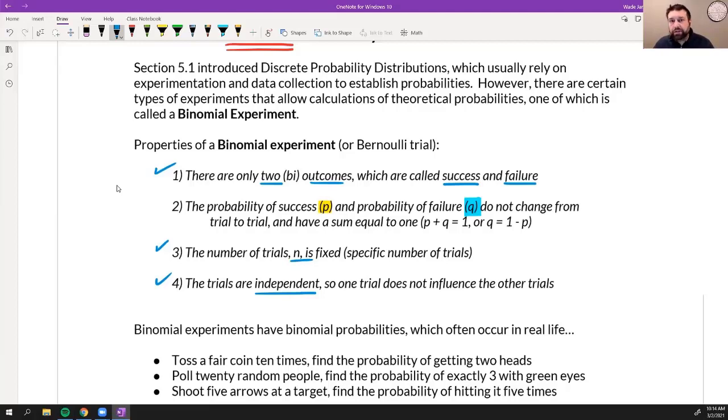Each trial is completely independent. So these are important ideas, and we know what independent means, right? We've talked about in the last chapter, situations, trials being dependent and independent, probabilities changing. And because the trials are independent, p and q do not change from one trial to the next.